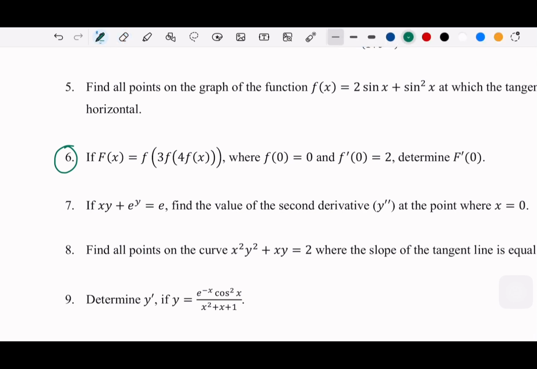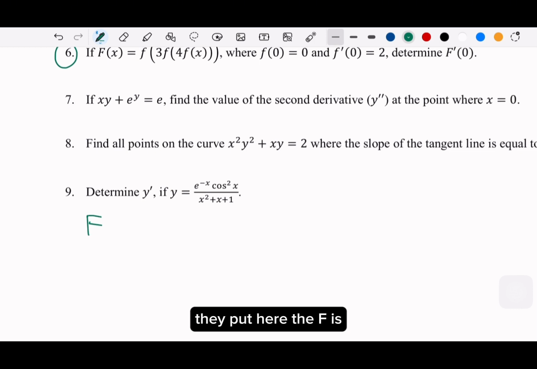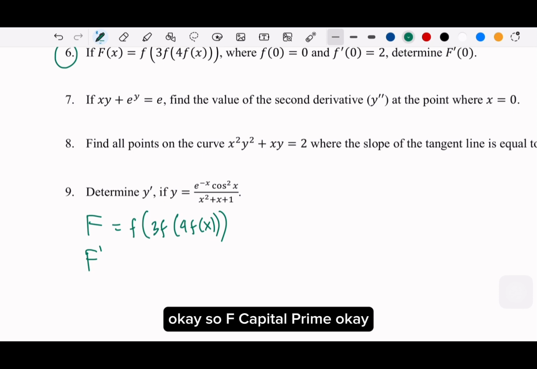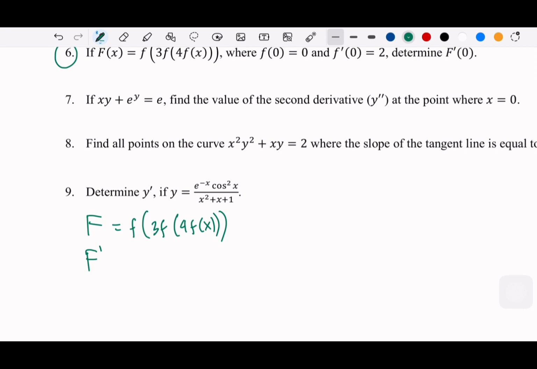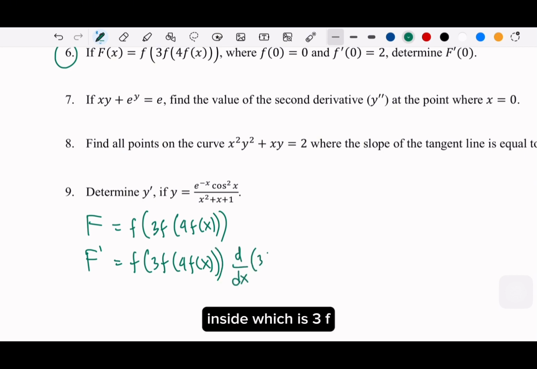So let me put here, capital F prime. So F prime, and then multiply with the chain rule of the inside, which is 3f of 4f of x.